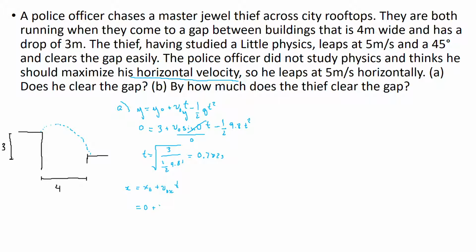The velocity is 5 cosine of 0 times t. That time is going to be 0.782, and this is 3.91. Okay, so clearly 3.91 is smaller than 4. So our policeman dies.